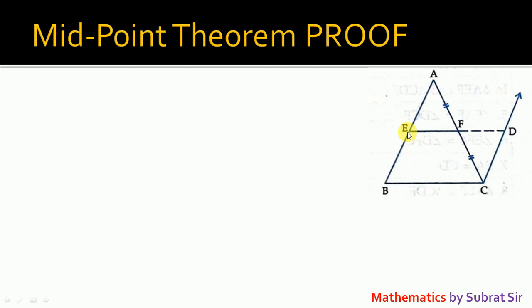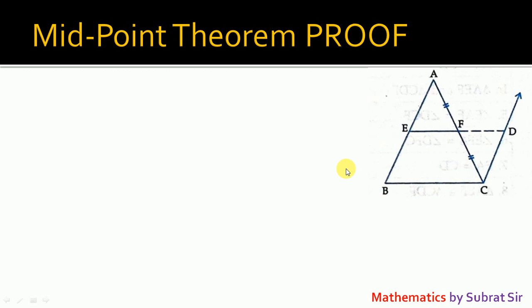Here the line segment EF is joining the midpoints of the two sides AB and AC. That means E and F are the midpoints of AB and AC. So this line should be half of BC and also parallel to the third side BC. We have to prove this.